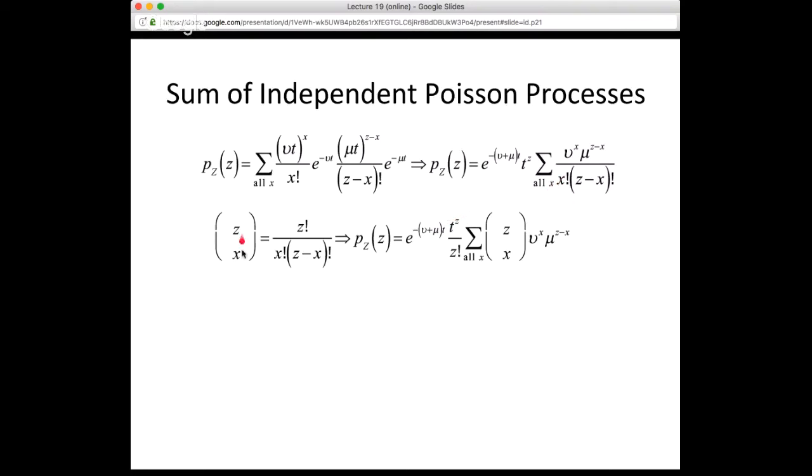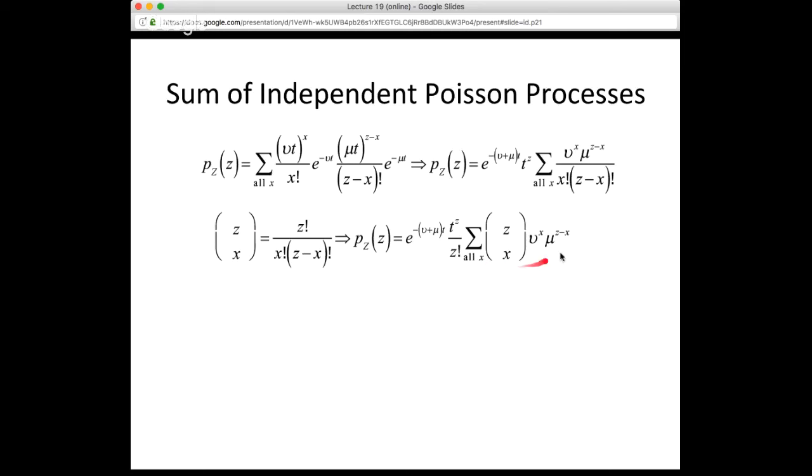If we were to write the binomial coefficient for z and x, it would be z factorial over x factorial times z minus x factorial. So I can multiply the sum top and bottom by z factorial, and then I will be able to replace x factorial times z minus x factorial with the binomial coefficient, but I also have this extra z factorial term here, which I pulled out of the sum because it doesn't depend on x.